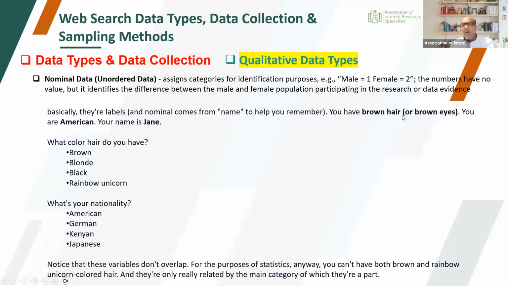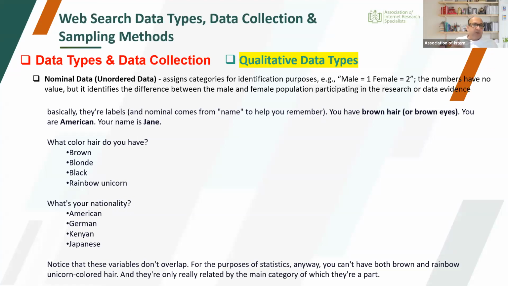Similarly, if you have a color of eyes, which could be brown, or hair, let's say hair could be brown, could be blonde, could be black, could be rainbow unicorn. With these types of choices, you can't say that brown is good or bad, and you cannot translate that into numeric terms.